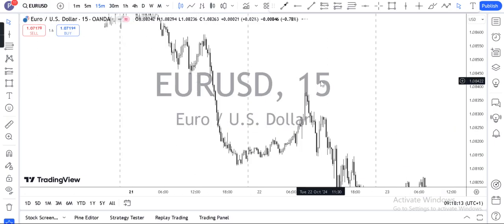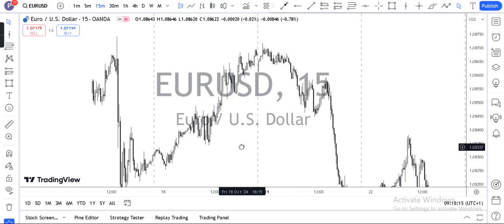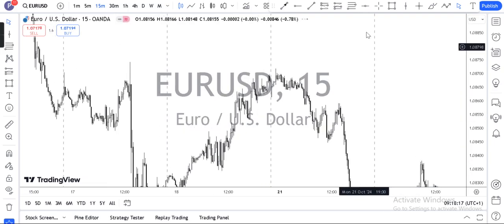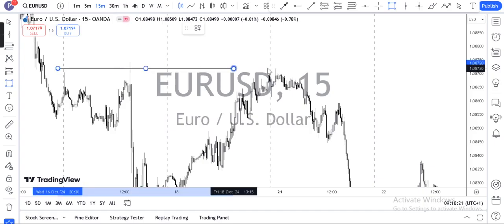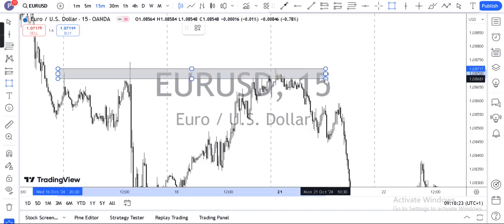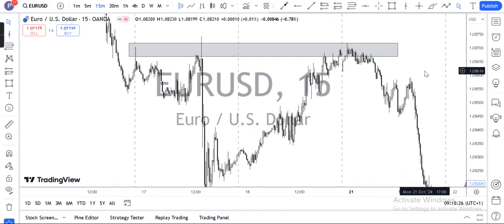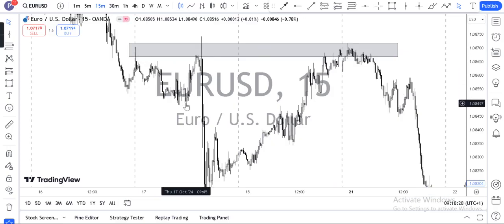Now let's see what we have. Okay, very good. So you can see once it prints itself, it's just so clear and straightforward. You see price did what again? Price got into this level, it dropped, got into this level, it dropped, got into this level, helping us understand that this particular area of price is a resistance level.